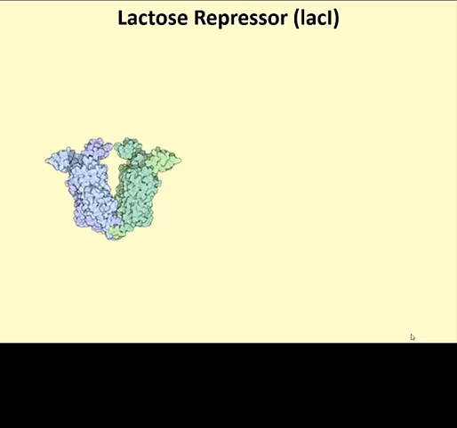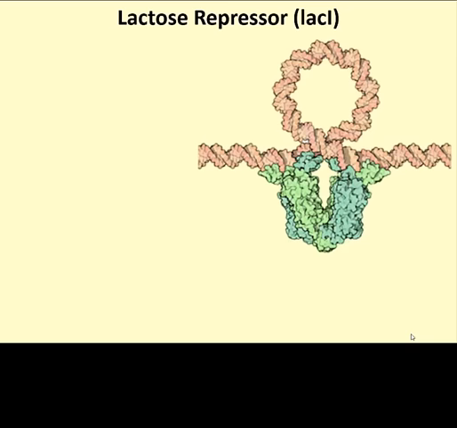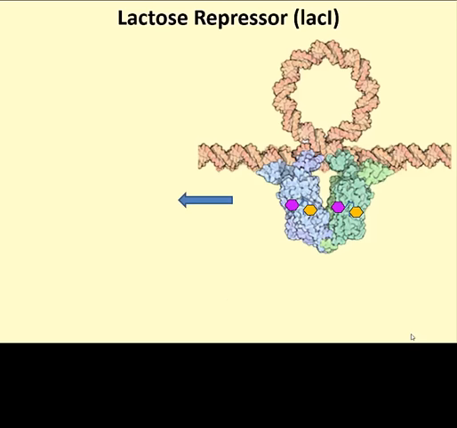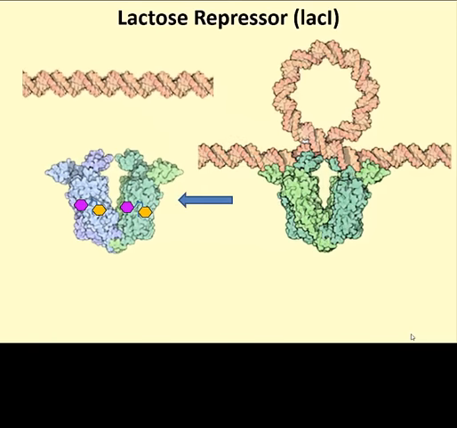The lac repressor protein contains two functional domains. One domain binds to the operator region of the lac operon, creating a DNA loop, and the other domain binds allolactose, which is formed in bacteria in the presence of lactose, as mentioned earlier. When the repressor binds allolactose, it changes its conformation and dissociates from the DNA.